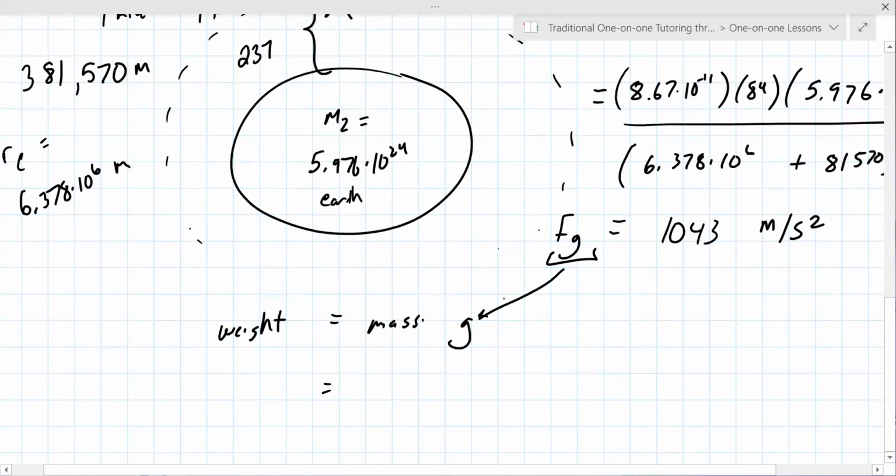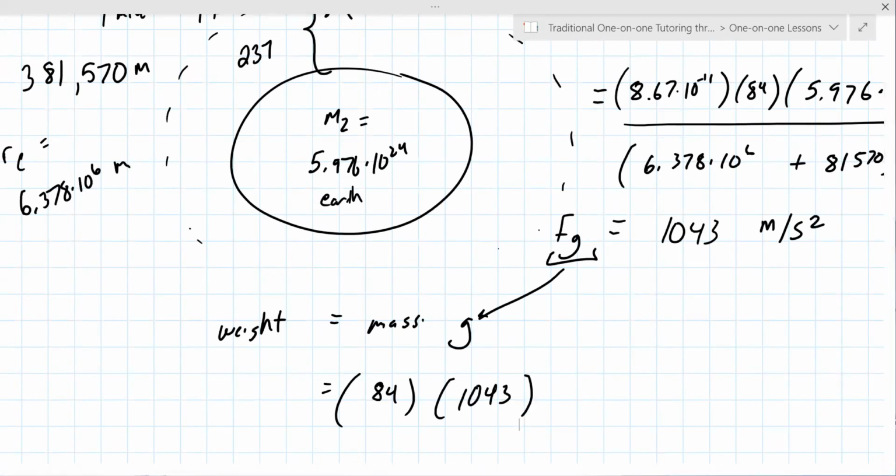You're finding gravity. When we say G, we mean the force of gravity. So the weight is 84 and the gravity is 1,043. And I have no idea if that's reasonable or not. I don't know if that force is actually what it is out there.